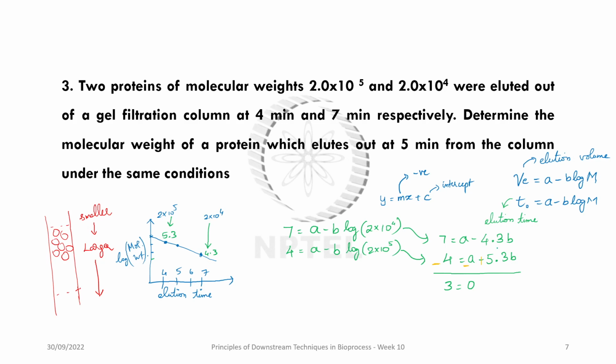So plus 5.3 minus 4.3 is equal to 1, or b is equal to 3. Correct?